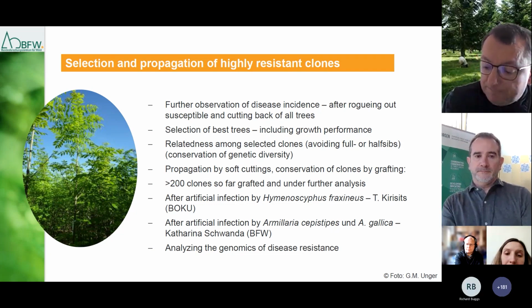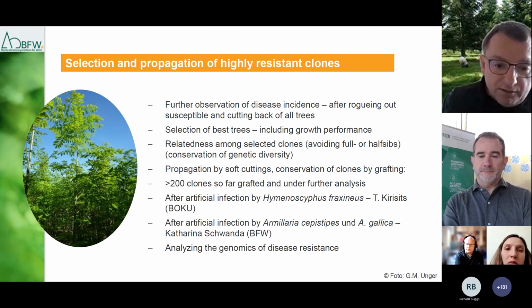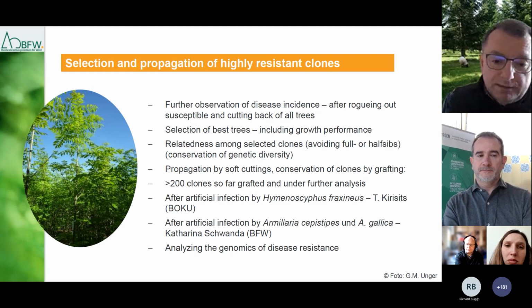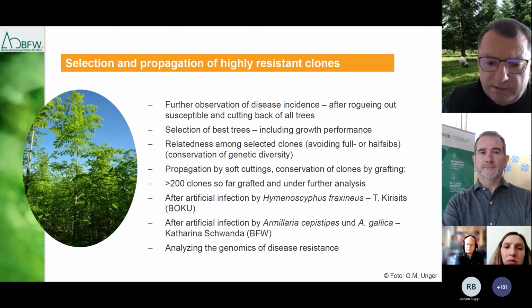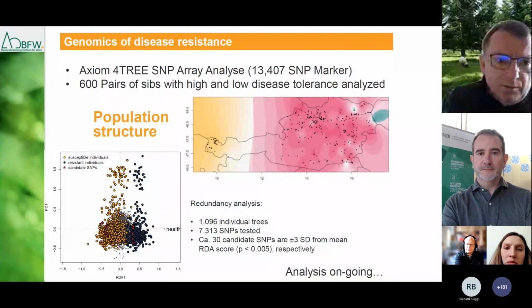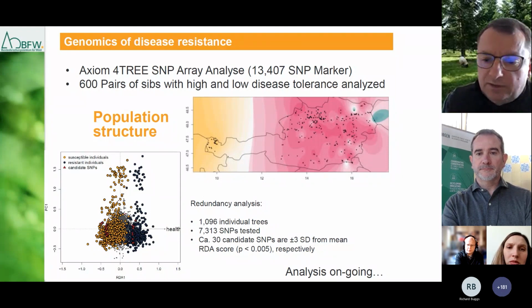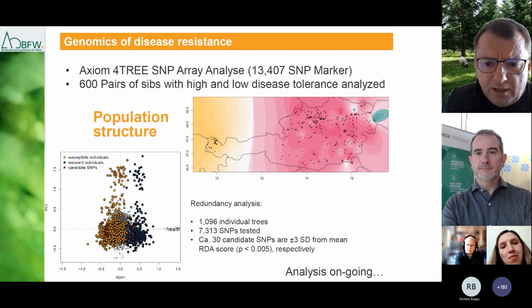We have also, in cooperation with Richard's group, been analyzing the genomic basis of the resistance. We have run this Axiom 4-tree SNP array, which covers around 13,400 SNP markers from the genome.